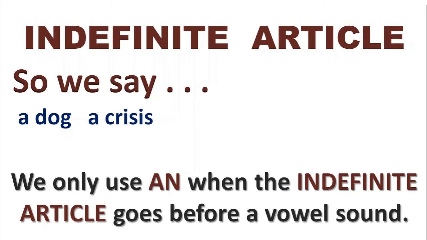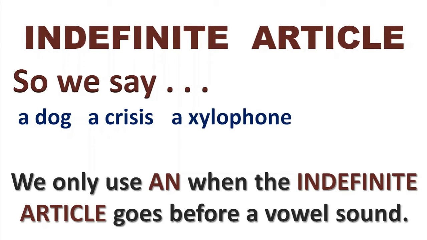A crisis. Crisis starts with a k, a consonant sound. A crisis. And then we have a rather unusual musical instrument, a xylophone. A xylophone starts with a z, which is a consonant sound.